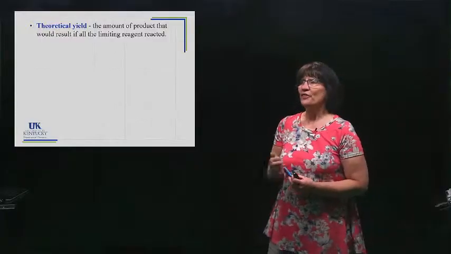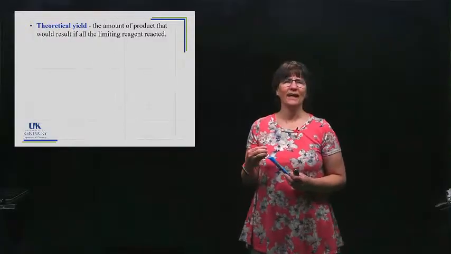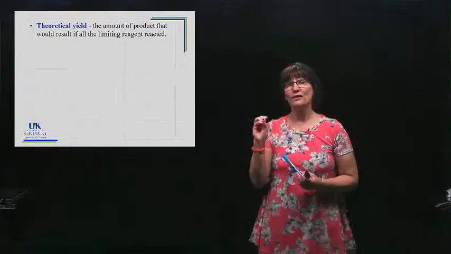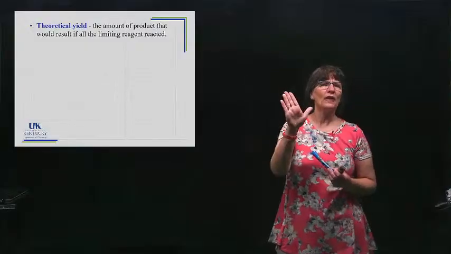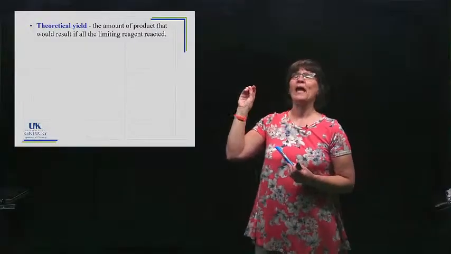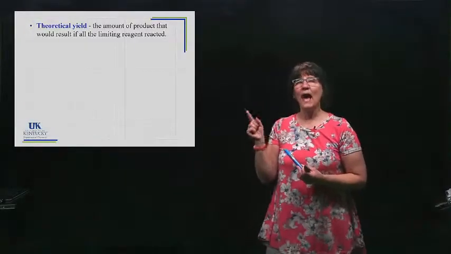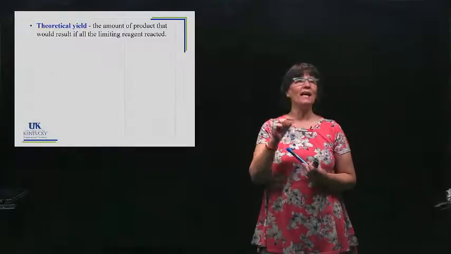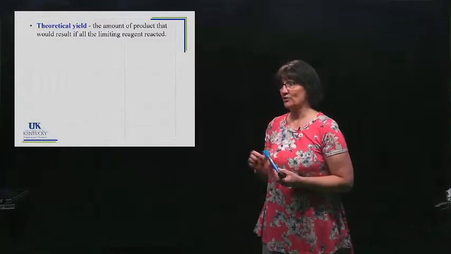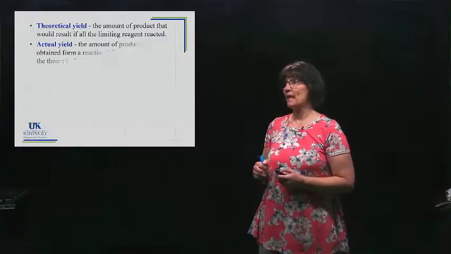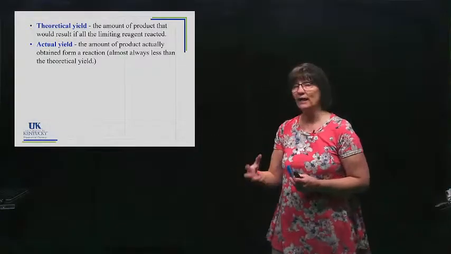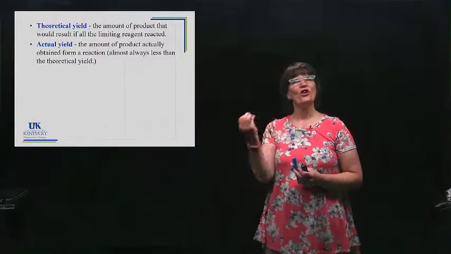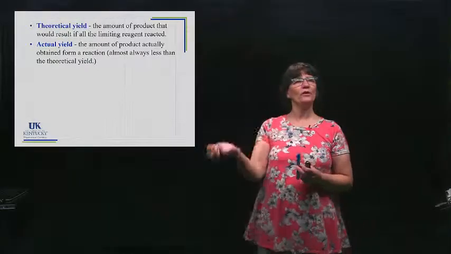Theoretical yield is what we've been calculating. When you calculate with pencil and paper and a calculator, and you're doing dimensional analysis, you are calculating a theoretical yield. How much should form if it all had a chance to react? If you go into the laboratory and you do the experiment and you collect the product formed, that's called the actual yield, because you actually went into the laboratory.